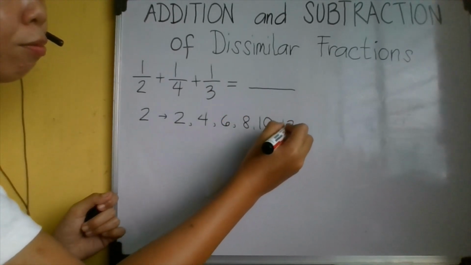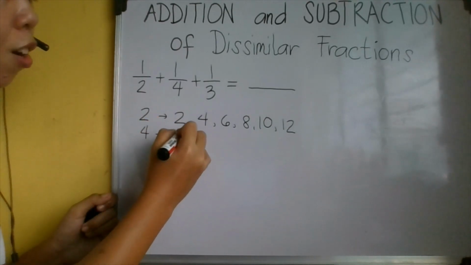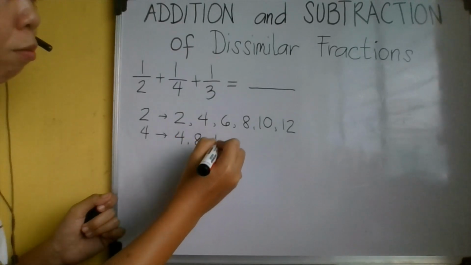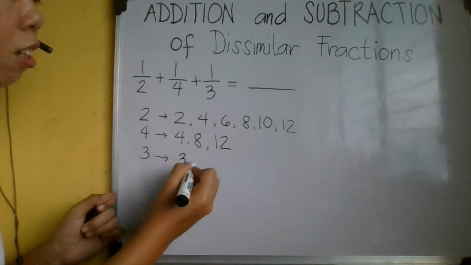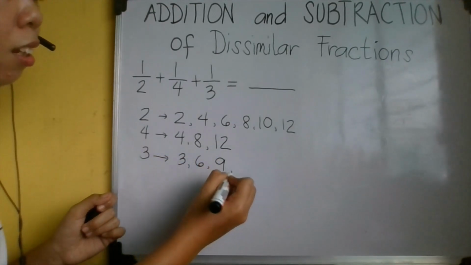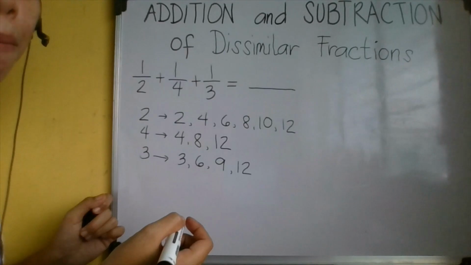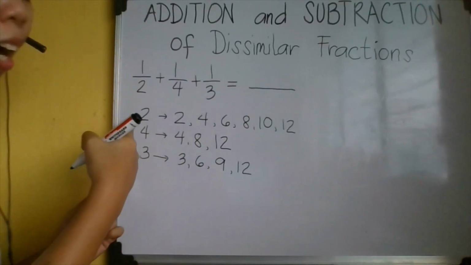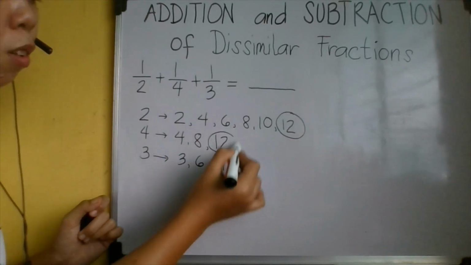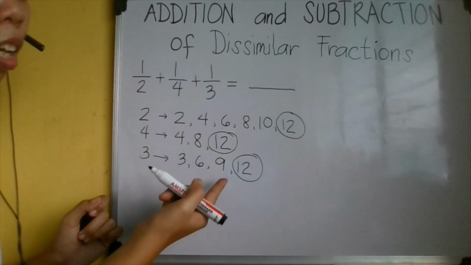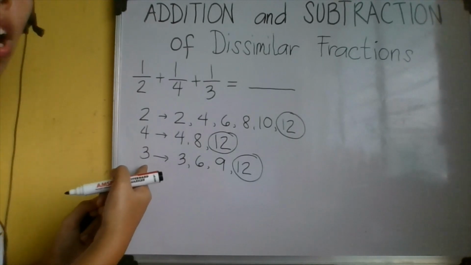The multiples of 4 are 4, 8, 12. Multiples of 3 are 3, 6, 9, 12. So, yung kanilang least common multiple ay ang pinakamababang number na parehong multiple ng 2, 4, and 3. And that is 12. So, yung LCD natin ay 12.